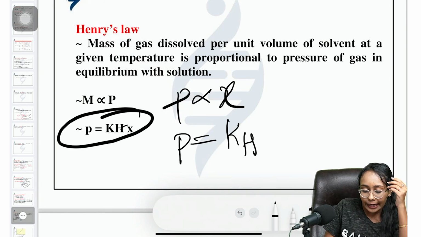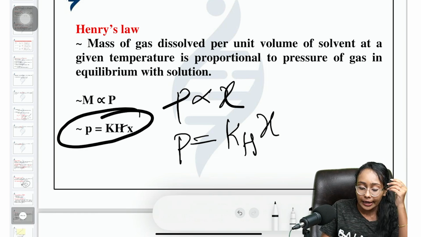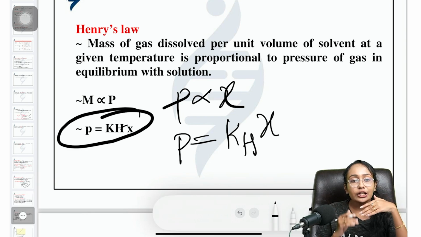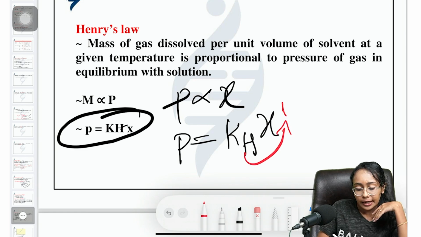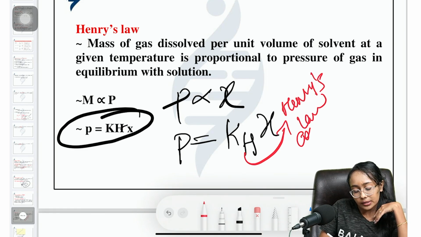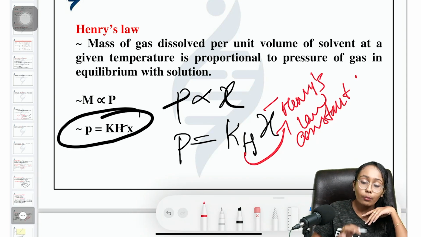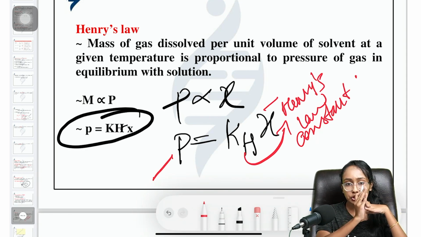That is called Kh into mole fraction. The H should be written down as a subscript. So P equals Kh into chi, where Kh is Henry's law constant or Henry's constant, chi is the mole fraction, and P is the partial pressure.